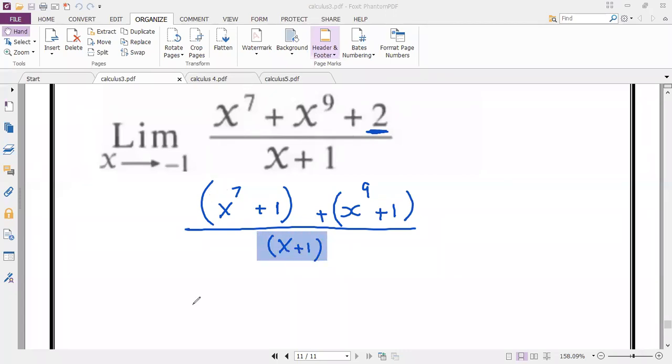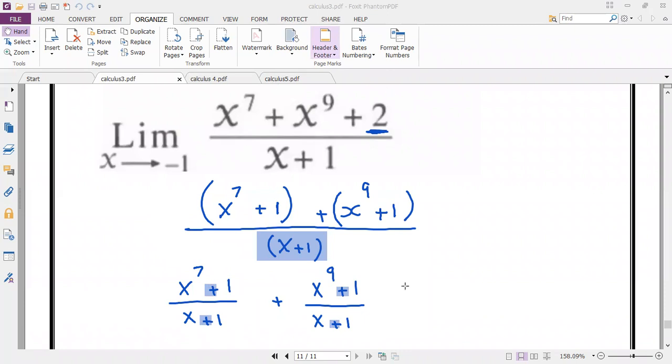So we can write it as x to the power of 7 plus 1 divided by x plus 1 here, plus x to the power of 9 plus 1 all divided by x plus 1. We couldn't apply the law here. Do you know why? Because we have plus here and plus here. We must make it negative.